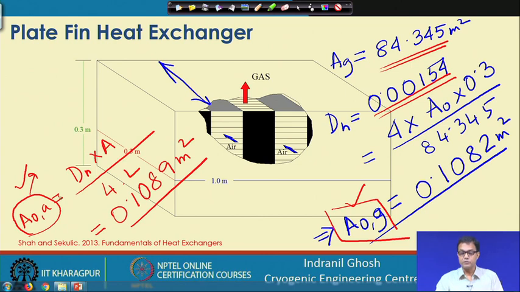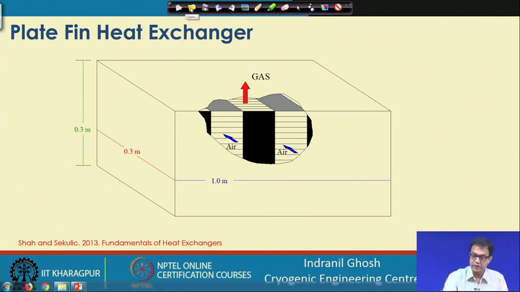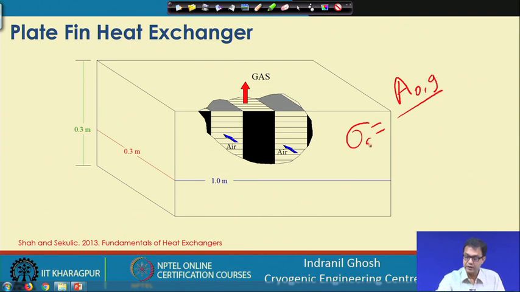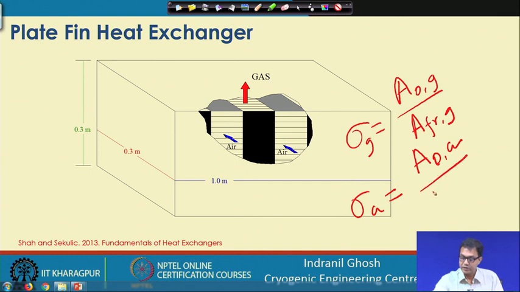Now, once we know the heat transfer surface area and the free flow area, we can also calculate what is called the void fraction, sigma. If you remember, we have taken sigma equals A free flow area for the gas side divided by A frontal area for the gas side, and similarly sigma for the air side is A free flow area of the air side divided by A frontal area for the air side.